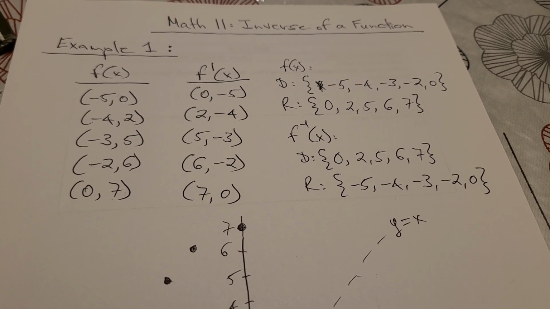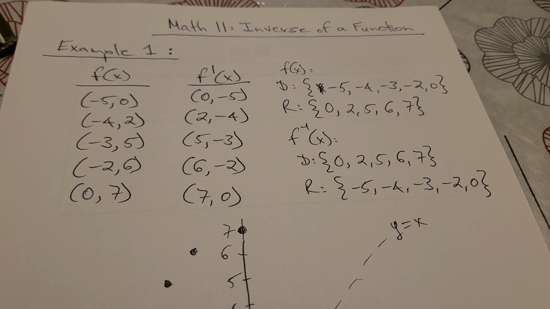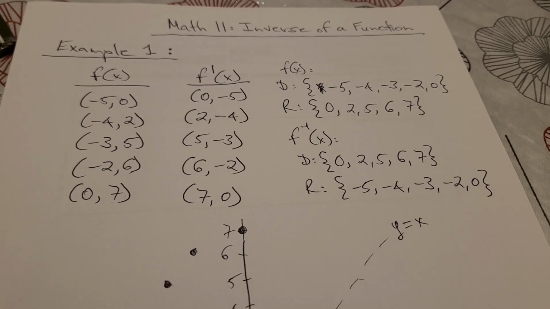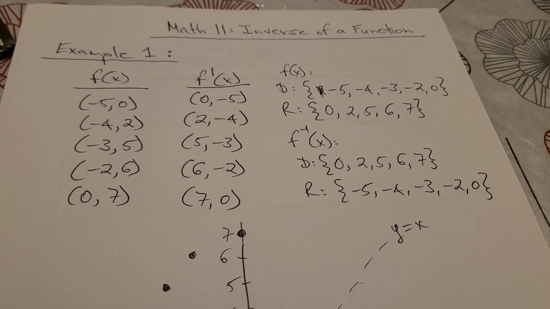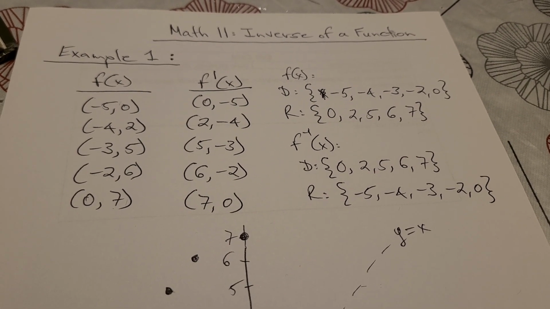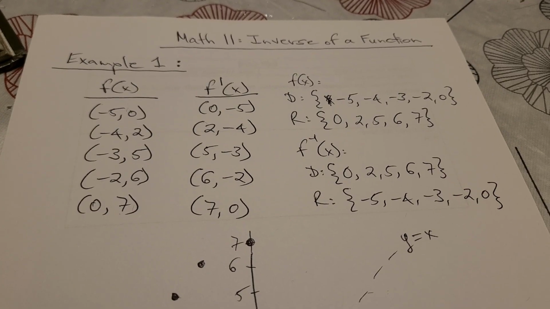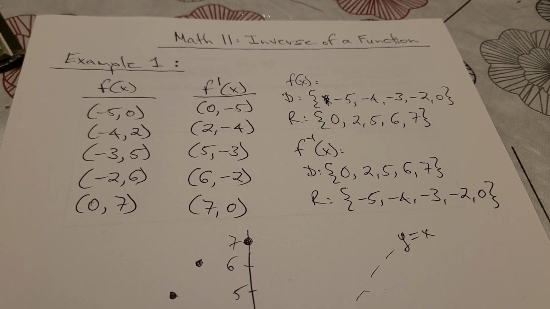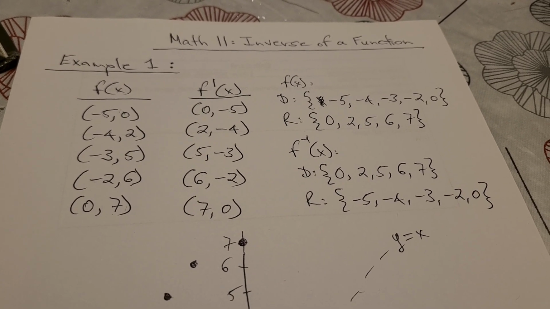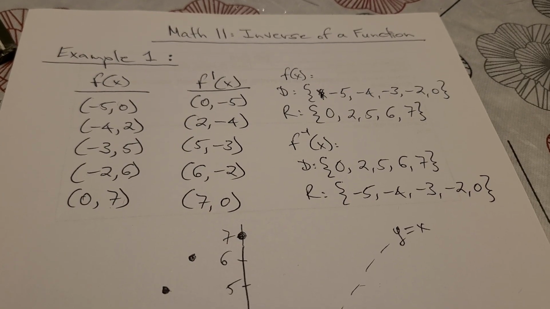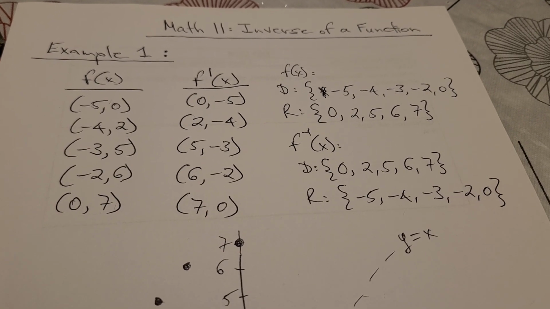Step 1: write the equation in the y equals form, which is kind of like the slope-intercept form, if it is not already in that form. Step 2 is to interchange x and y in the equation. Step 3, solve the new equation for y. And step 4 is replace y with f -1 of x. All right, so with that, let's move on to example 2.